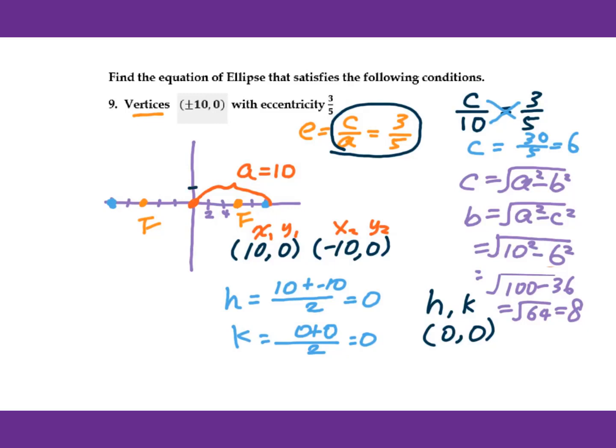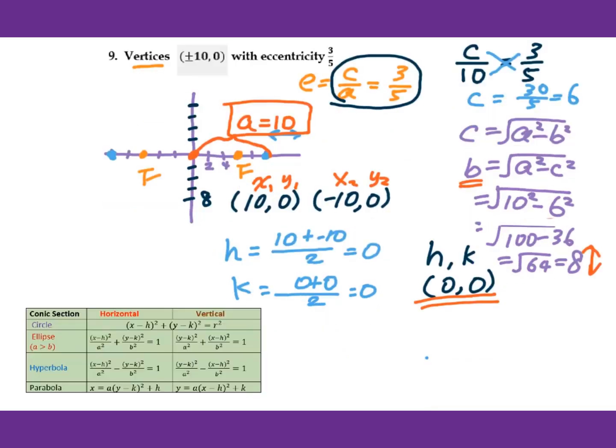Therefore, from the center, you go up 8 and then down 8. This is 8. Still, we need to decide the orientation. For a, that's horizontal. That means you put the a under x squared. For b equals 8, that's vertical. As long as you know (h, k), you know a, and you know b, then you can write down the equation.